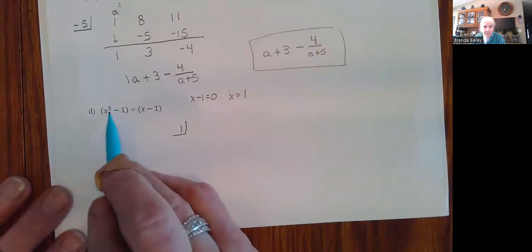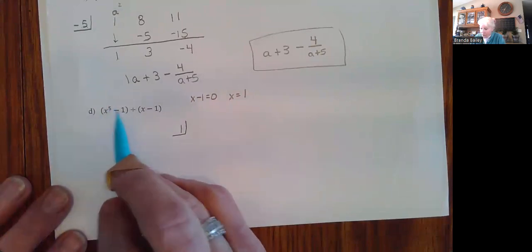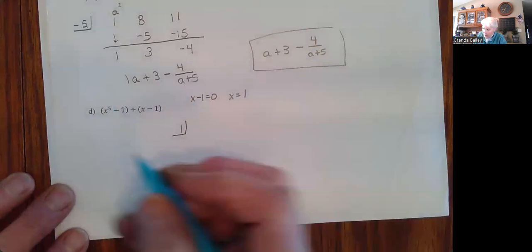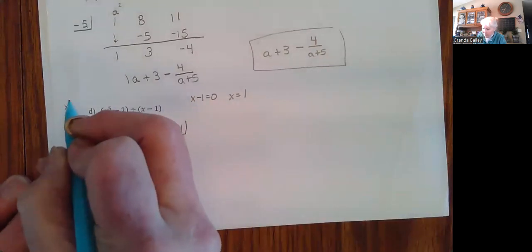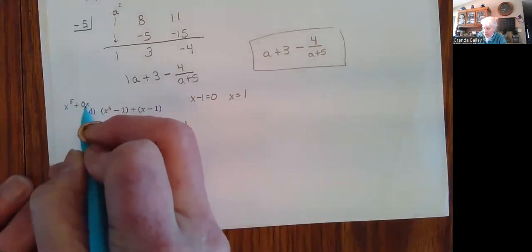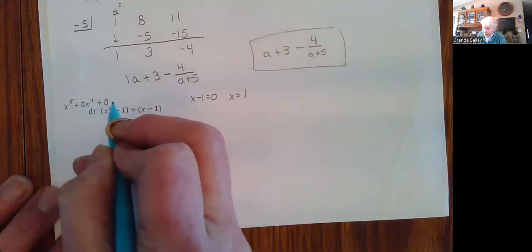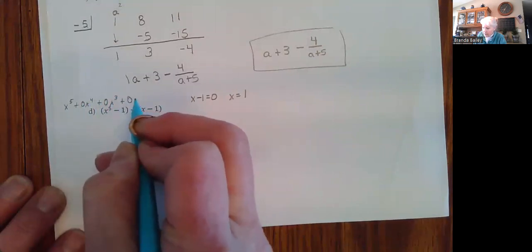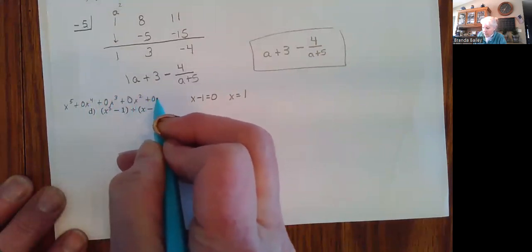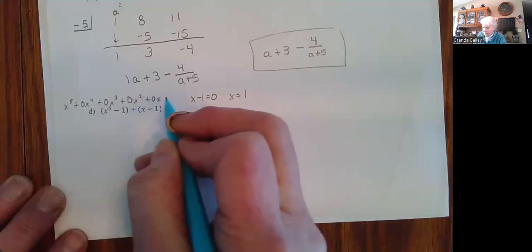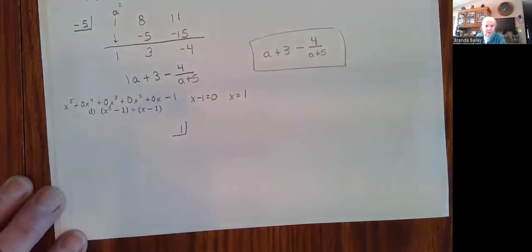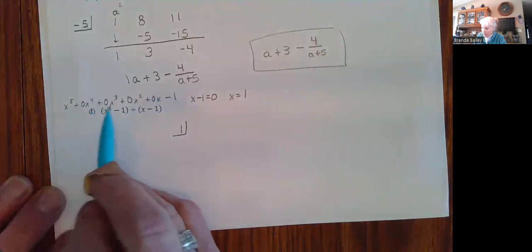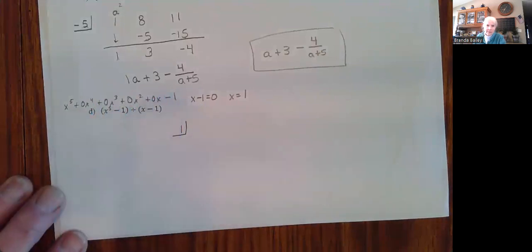We start with an x to the 5th, and we go to the constant. So we've got x to the 5th plus 0x to the 4th plus 0x to the 3rd plus 0x squared plus 0x minus 1. We have to include all of those down to the constant.